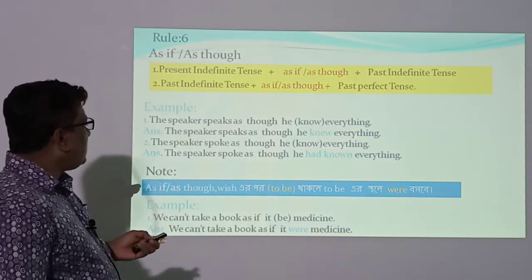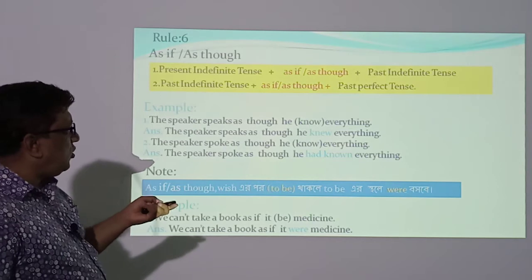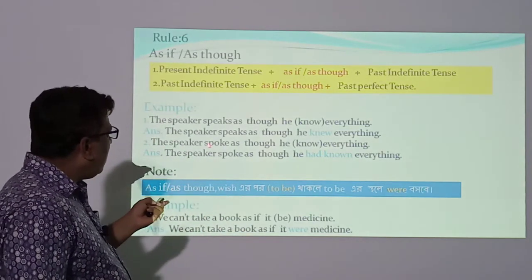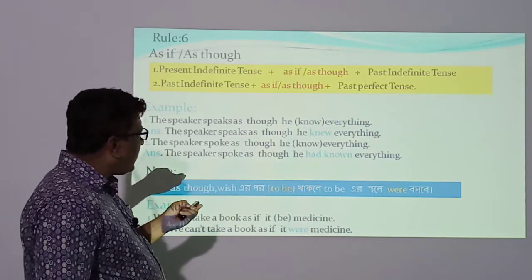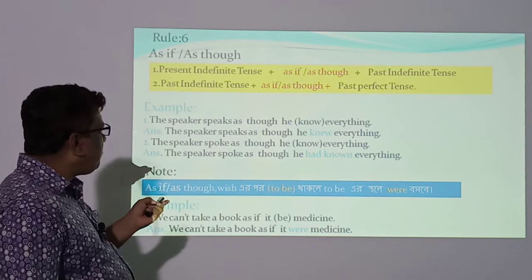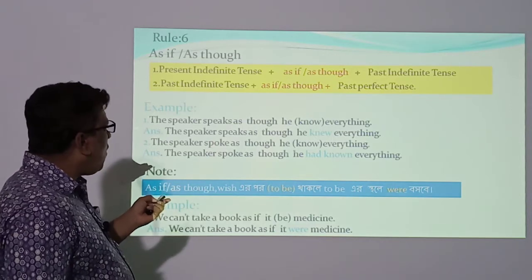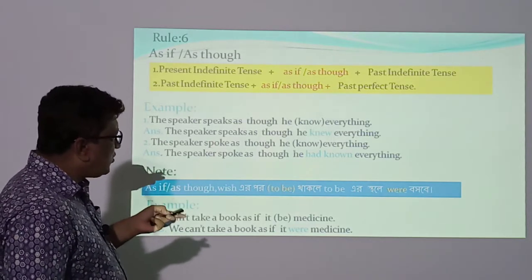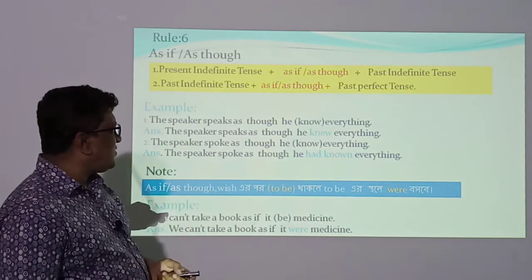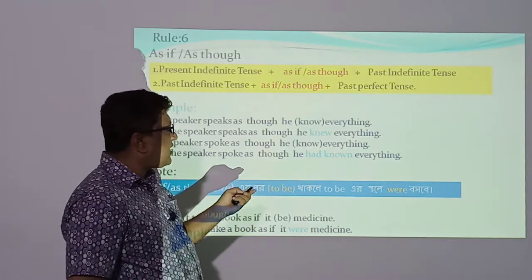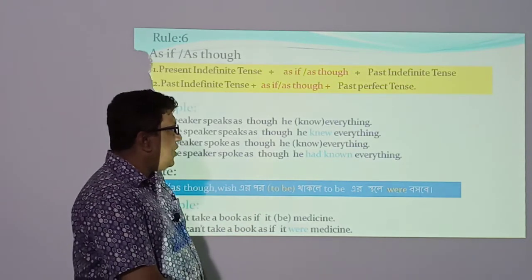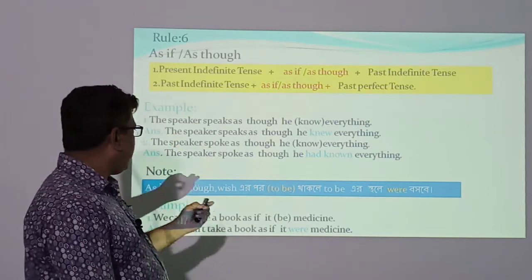Second one: the speaker spoke as though he know everything. In the second sentence, as though has the past form spoke before it, so we will use past perfect tense after the expression: as though he had known everything.